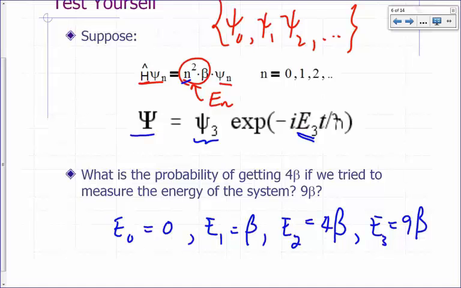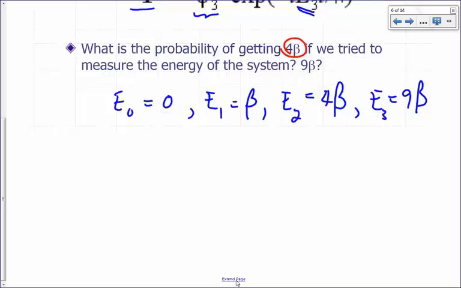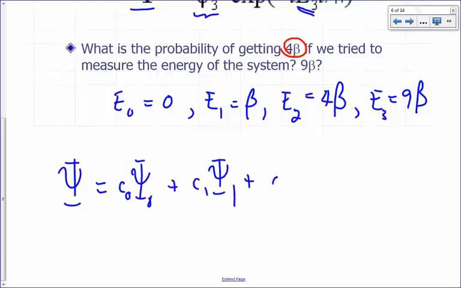So, if we were to try to measure the energy of this system, what is the probability that we're going to get 4 beta? You remember from our earlier postulates? What is our psi in general? C0 psi 0 plus C1 psi 1 plus C2 psi 2 plus and so on and so forth, right?